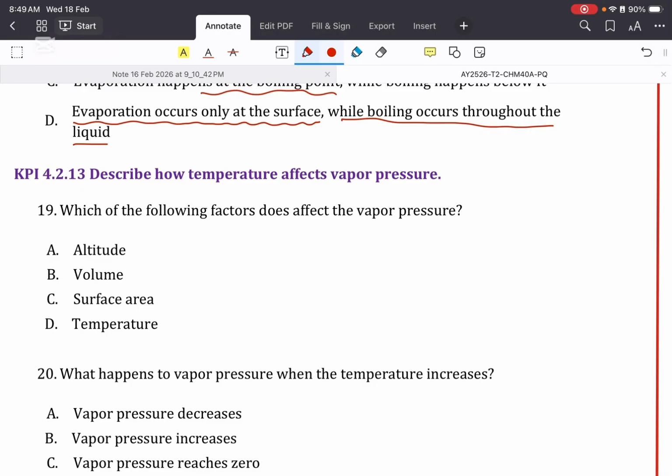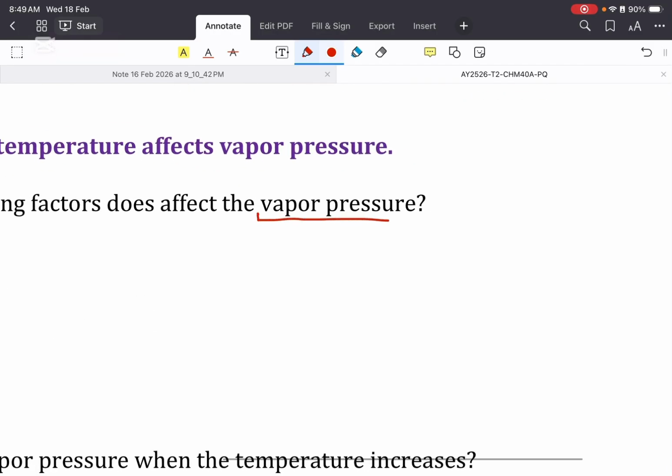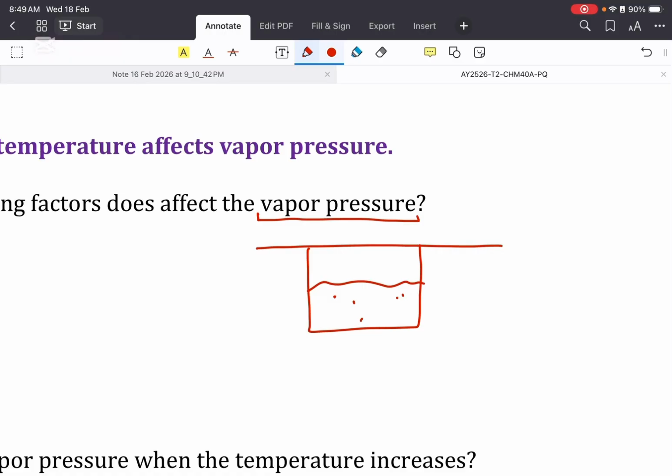Which of the following factors does affect the vapor pressure? I would like to point out that when I have a liquid in a closed container and I am heating this liquid, it will start turning into gas. Now this gas, since there's nowhere else to escape, is going to start building up as gas particles on top of the surface of the liquid.